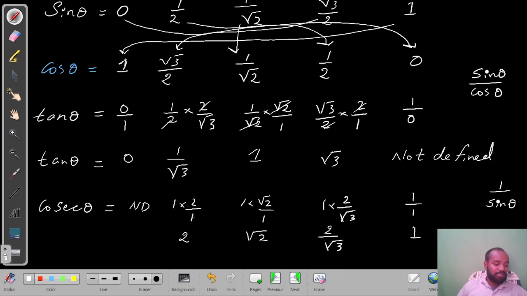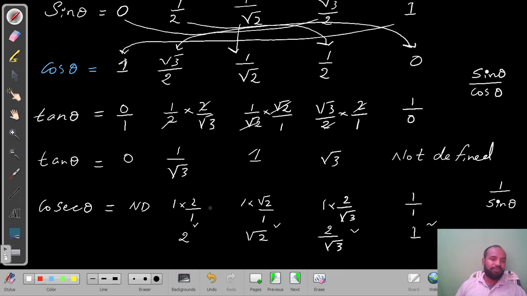Cosec 30 is 2. Yes, it is right. Cosec 45 is root 2. Cosec 60 is 2 by root 3. And cosec 90 is 1. Absolutely all values are correct. So just memorize the formulas, then you will easily get all the ratio values for all the angles. You don't need to learn anything by heart here.